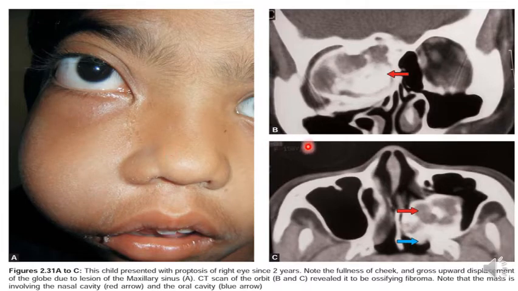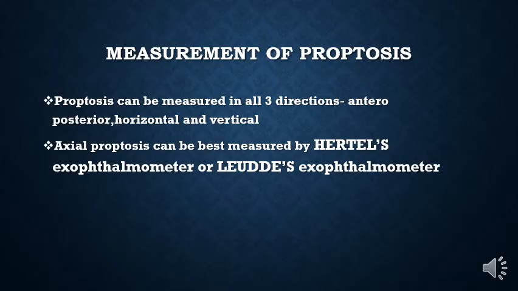See here the CT scan showing the ossifying fibroma. Note the mass is involving the nasal cavity and the oral cavity also. Sometimes cystic lesions like mucocele that extend into the inferior rectus muscle also produce upward displacement of the globe.